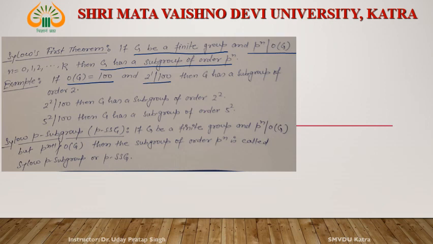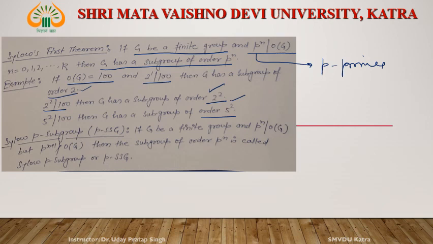Then G has a subgroup of order 2. 2 to the power 2 divides 100. Then G has a subgroup of order 2 to the power 2. 5 to the power 2 divides 100. Then G has a subgroup of order 5 square. But remember that here P is prime. Here 2 and 5 are all prime numbers.